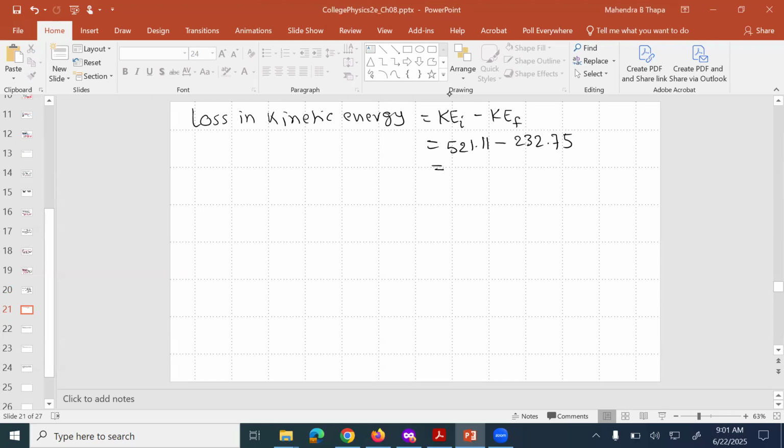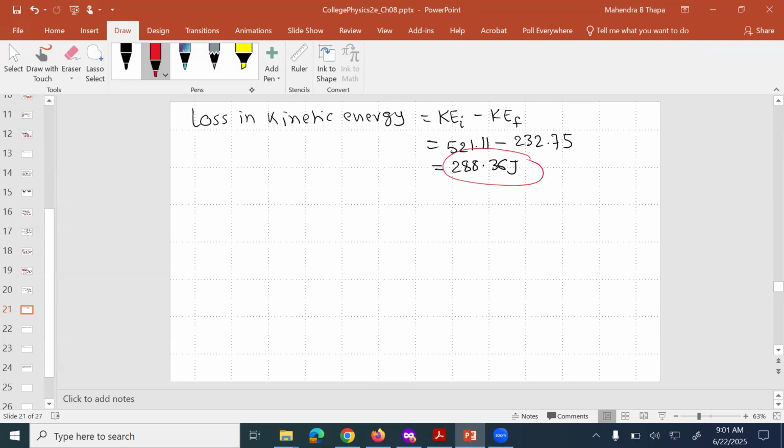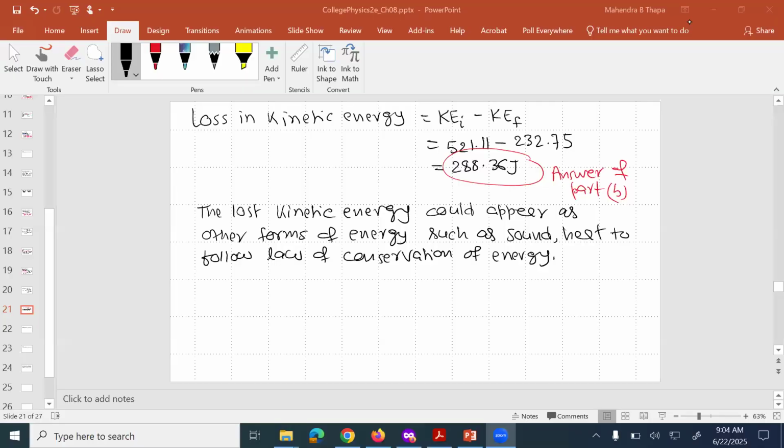That gives me 288.36 joule. So this is the answer of part B of our problem. So this problem is an example of inelastic collision.